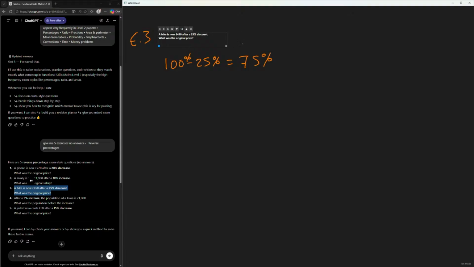Alright? What was the original price? So I need to find the modifier to do this. Wait a second. But now after a 25% decrease, so the discount, the money goes here, 450. Alright.